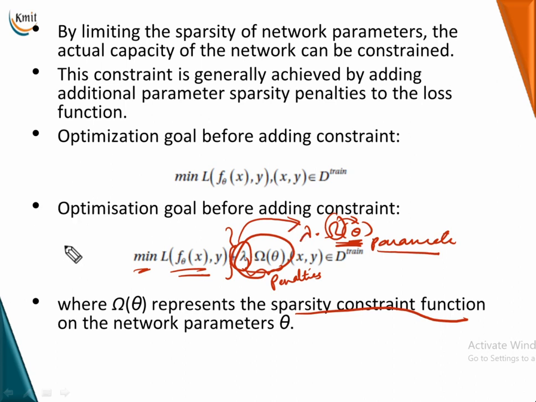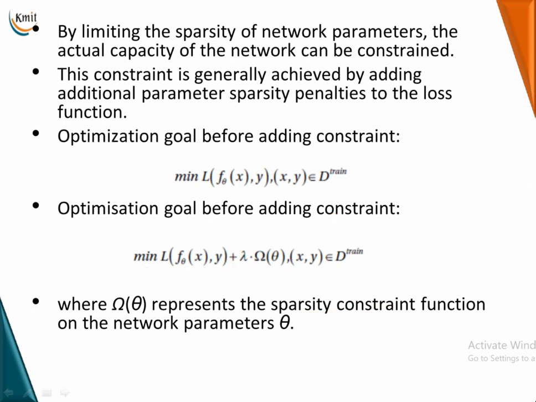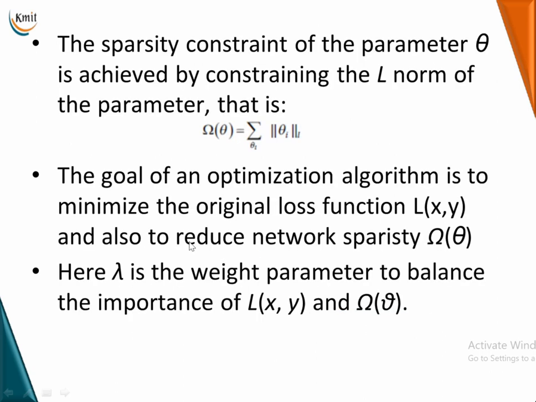So you can constrain the actual capacity of the network by adding these sparsity penalties, or the sparsity constraint function, to this loss function. This particular part is actually called regularization. The sparsity constraint of the parameter theta is achieved by constraining the norm of the parameter in the loss function.